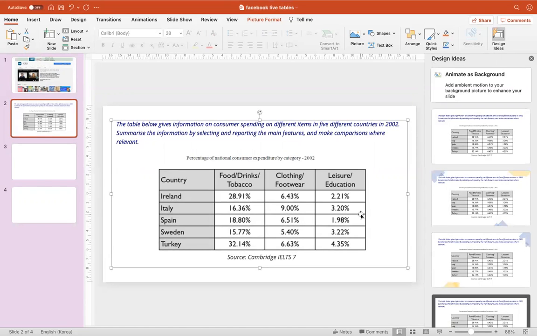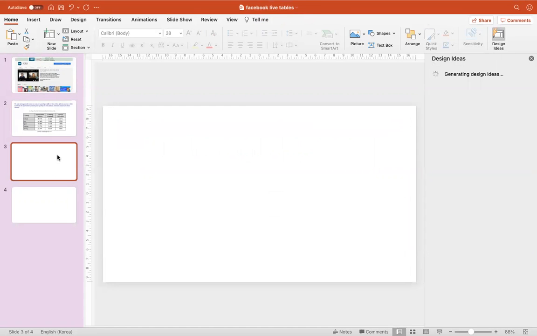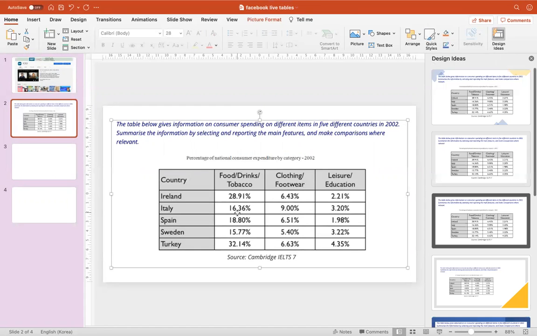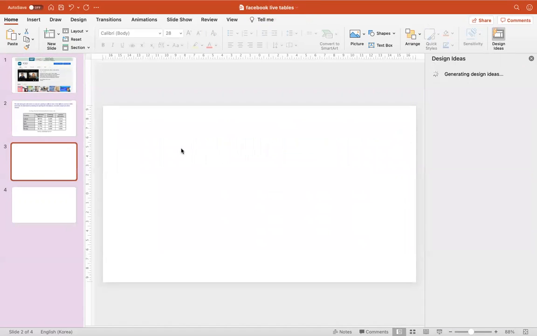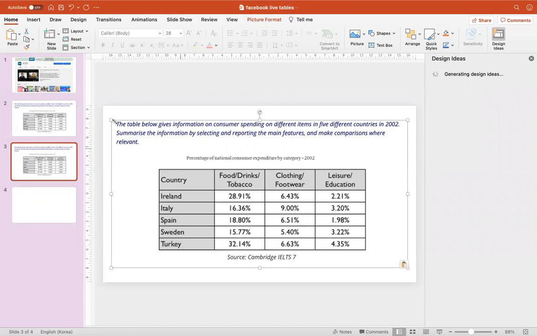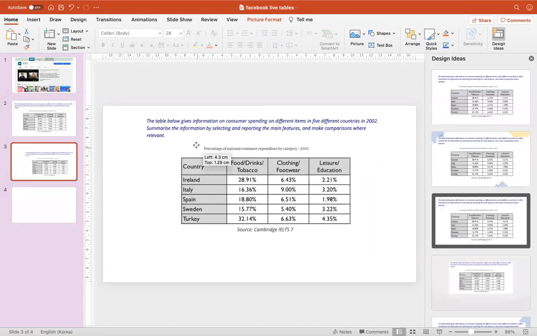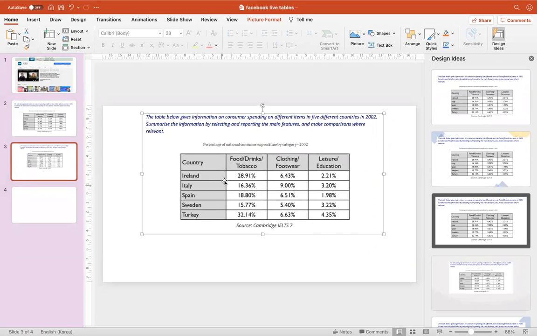The format can vary from test to test, but the approach is essentially the same. It doesn't matter what format this information is presented in. The way that you approach writing the answer is basically the same. Okay.